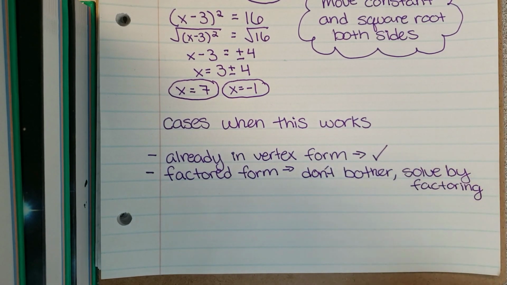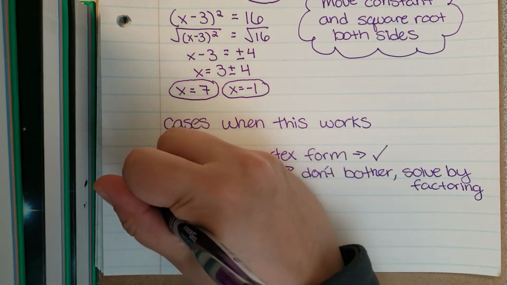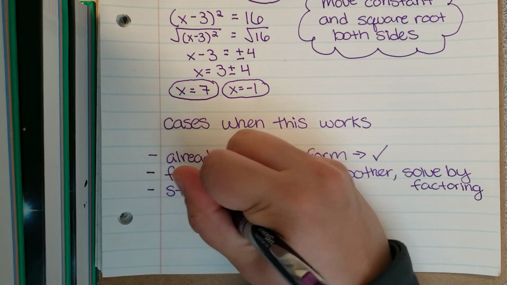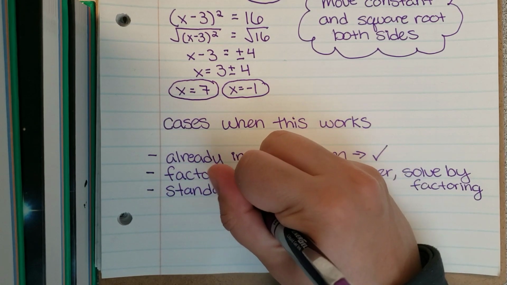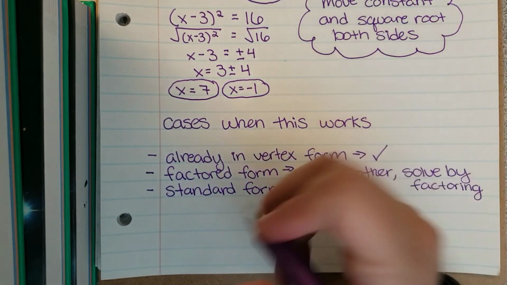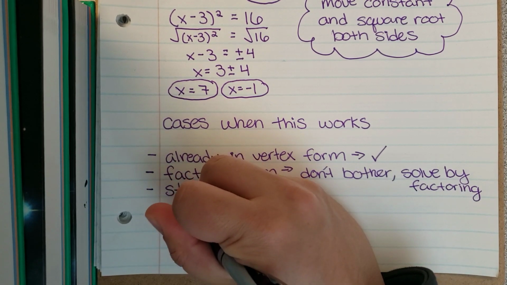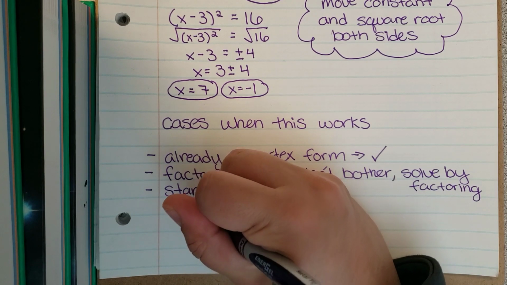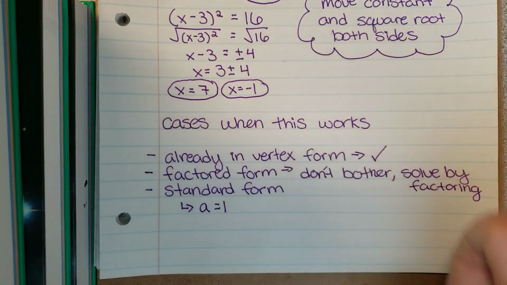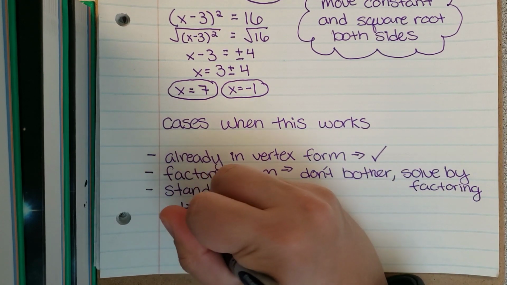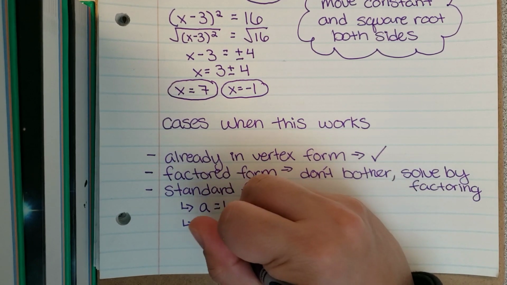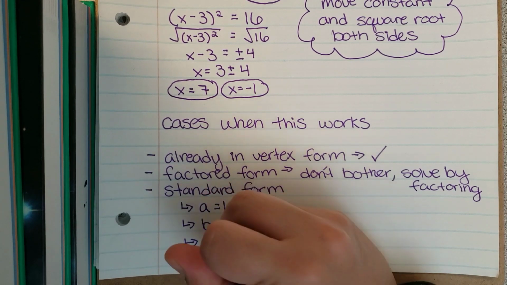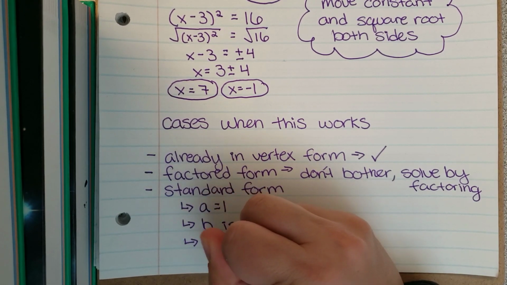And if it is in standard form, then you can get it into vertex form if two things are true. The first thing that needs to be true is that your A term equals 1. And the second thing that needs to be true is that your B term is even. If these things are true, then you can convert to vertex form.